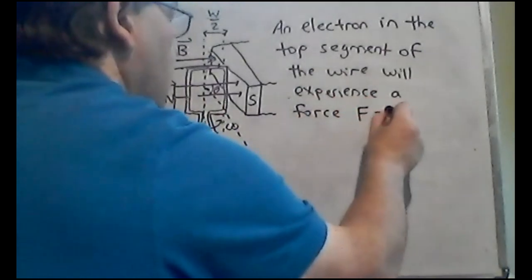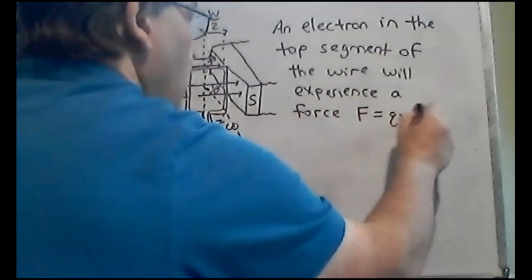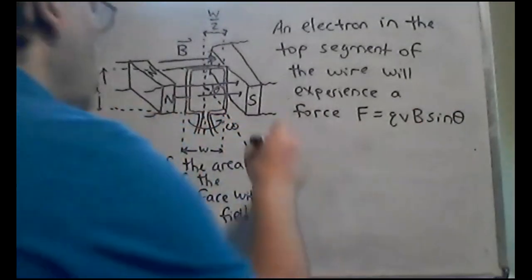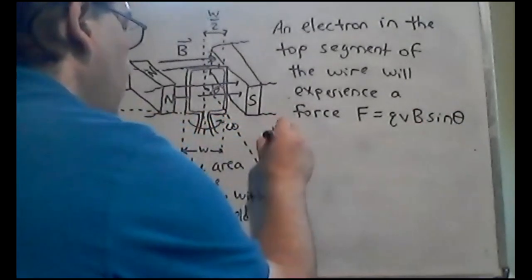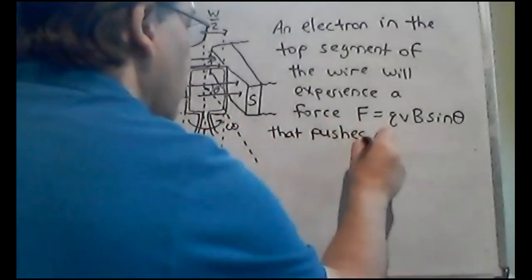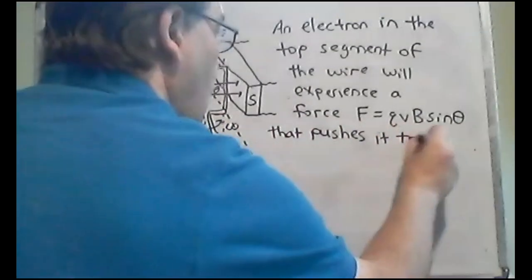F is QVB sine theta. That pushes it to the top of the wire.